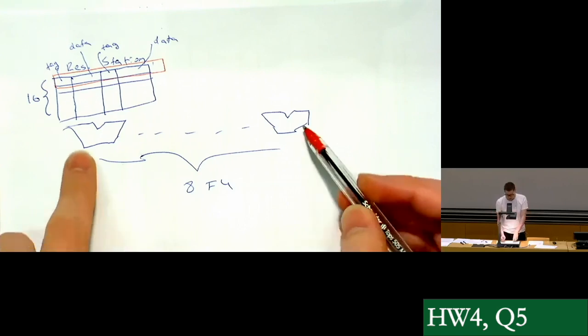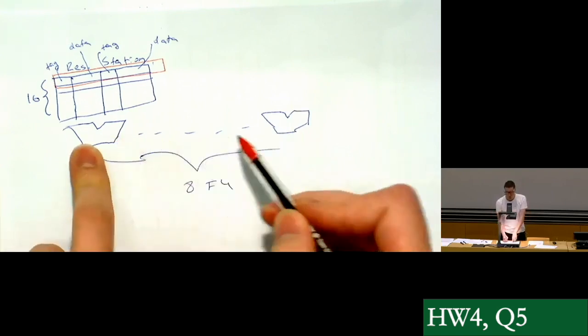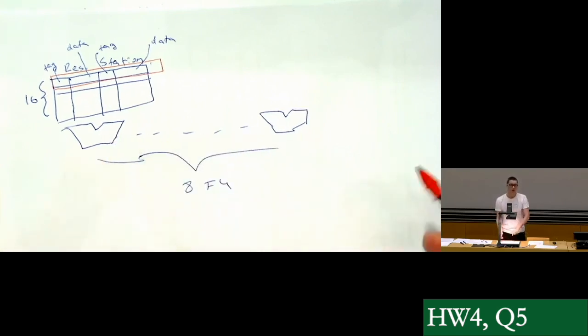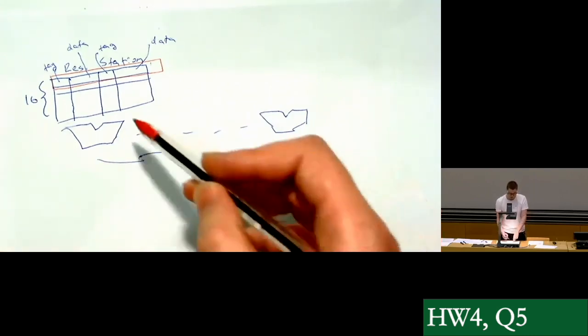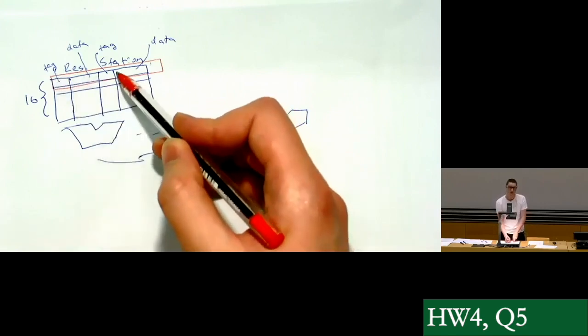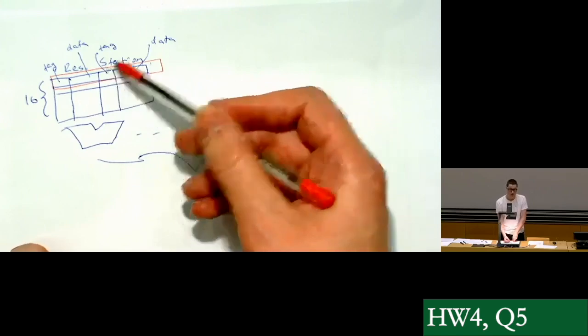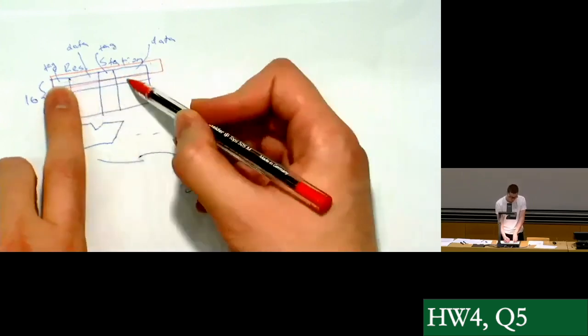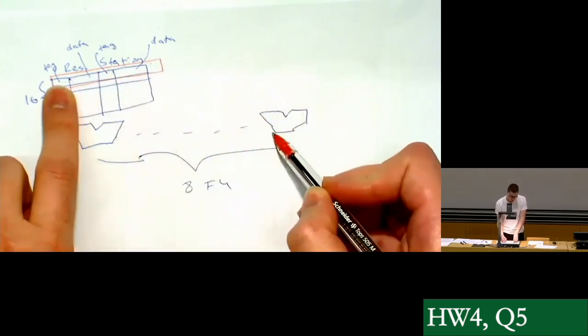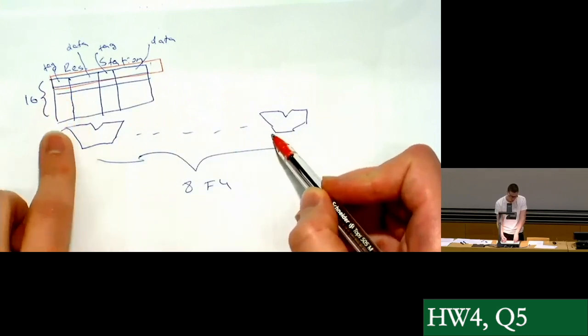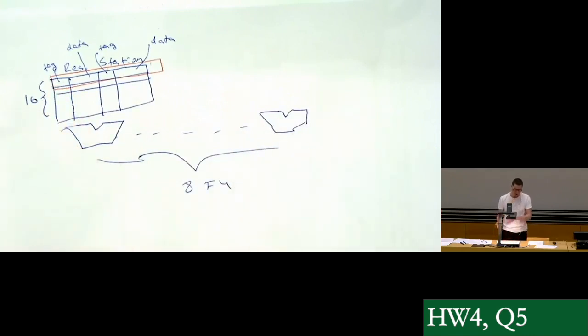Because in the same cycle, each of those 8 functional units can produce a result. And this result needs to be compared with each of the tags in the reservation station entry. So we have 2 tags here, and we have 8 functional units. So it means that we will need 8 multiplied by 2 tag comparators.